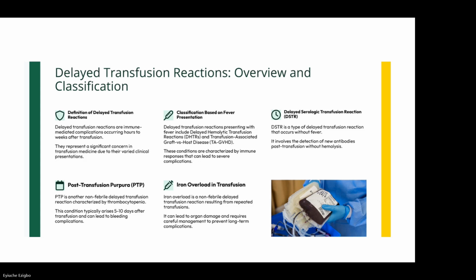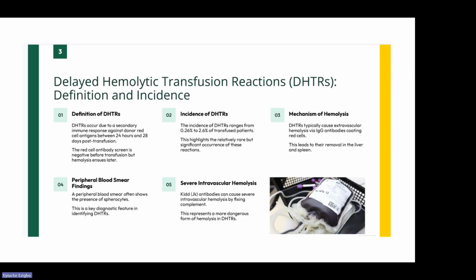Delayed hemolytic transfusion reaction is one of the delayed transfusion reactions that presents with fever. It occurs due to a secondary immune response against donor red cell antigens between 24 hours and 28 days post-transfusion. The red cell antibody screen is negative before transfusion, but hemolysis ensues later.